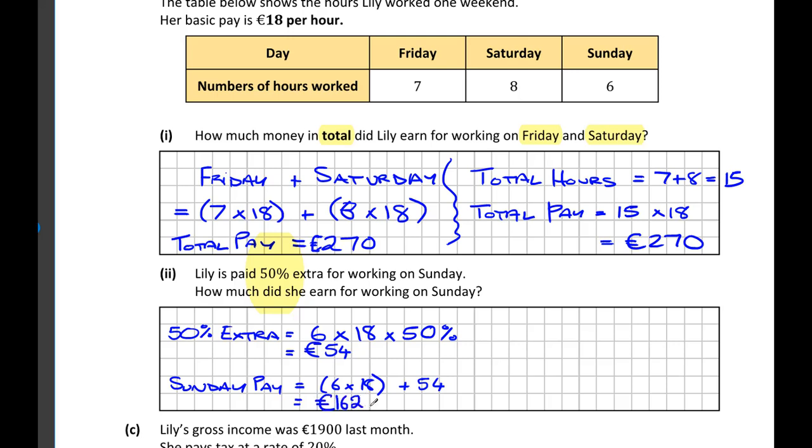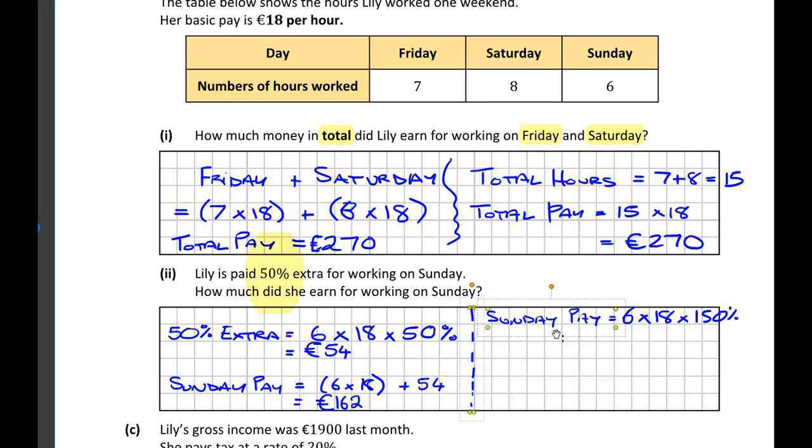Now, I'll show you a couple other ways to do this for people that are interested. If you're not, that's fine. You can skip ahead. 50% extra. So in other words, if normally what you get is 100%, and you get 50% extra, then you're getting 150%, aren't you? So you could just say the Sunday pay equals 6 hours times 18 times 150%. You'll get the same answer.